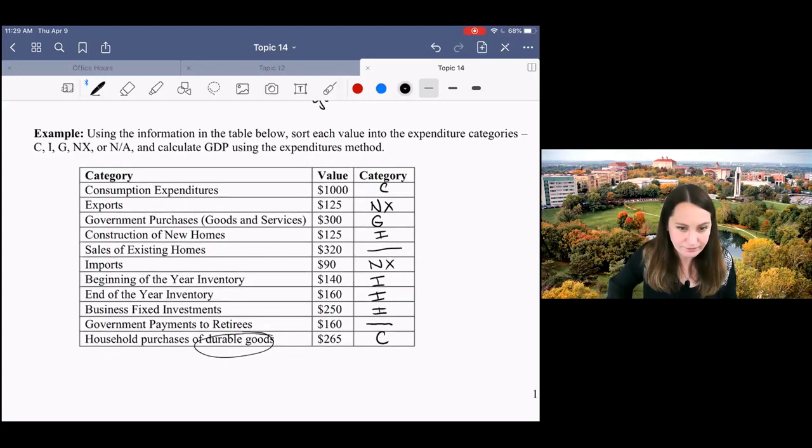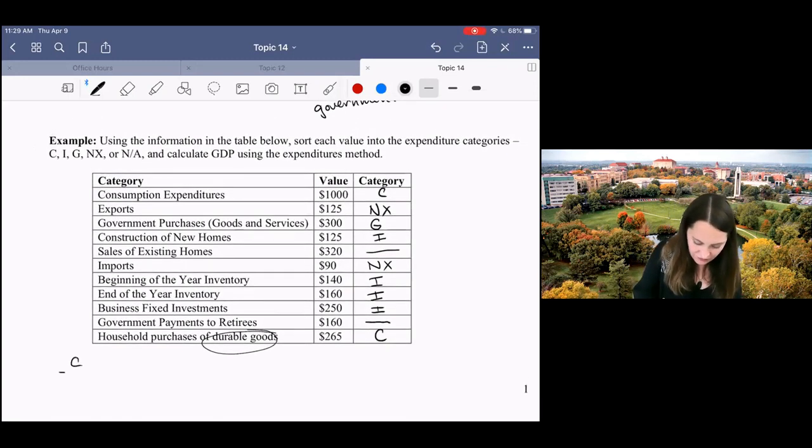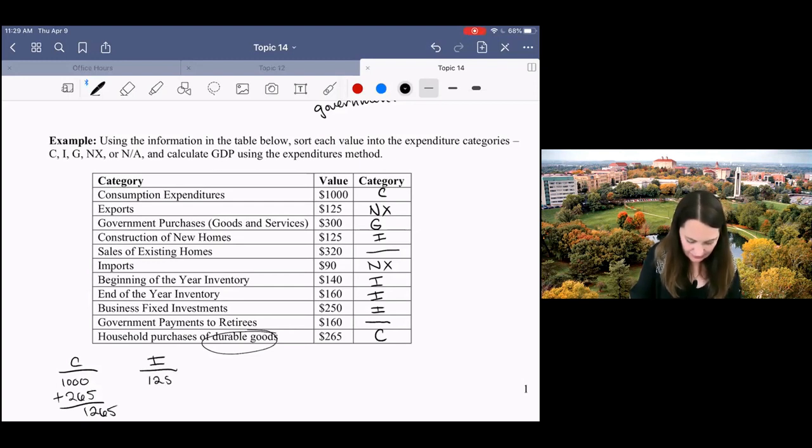All right, so the last step here is to add everything up. We've got C, we've got I, we've got G, and we've got net exports.